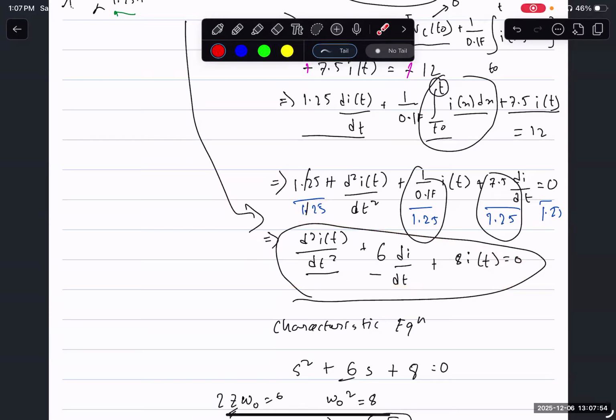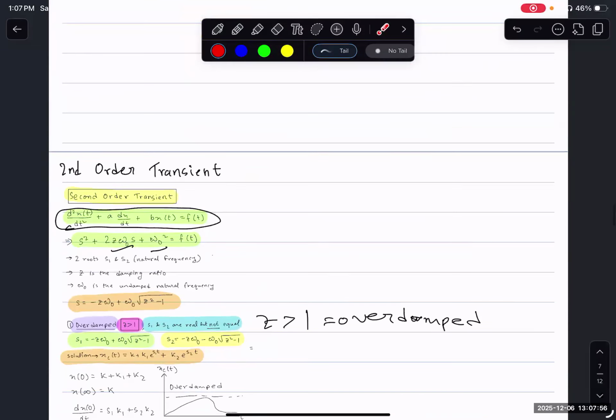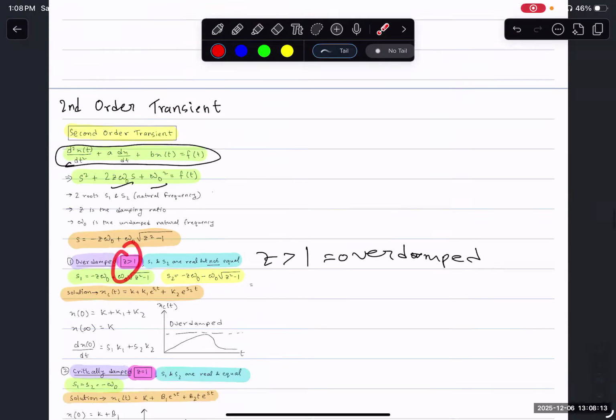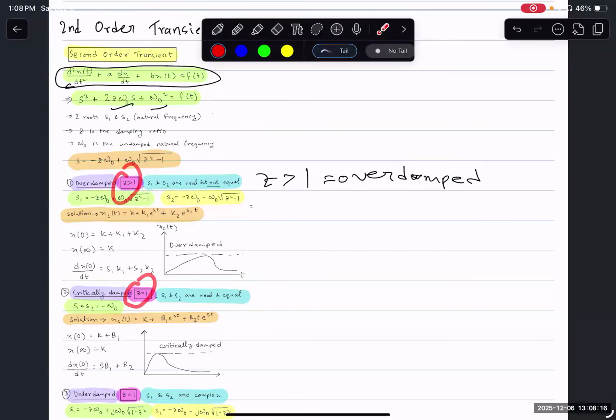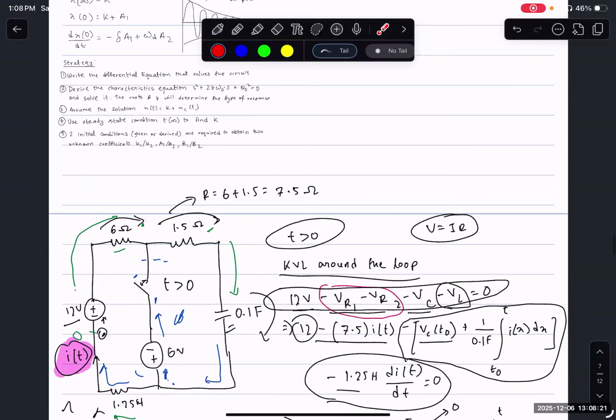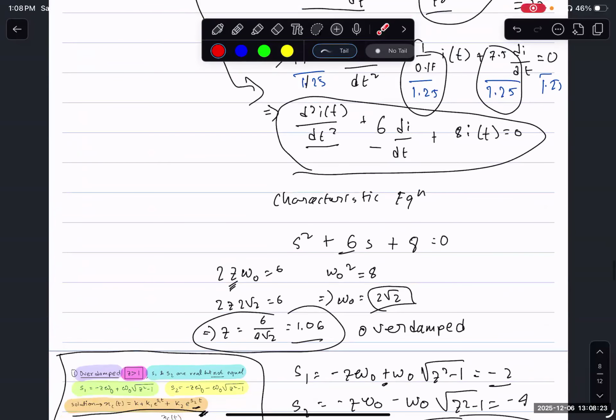Now that you have the simplified equation, what does it say? It's going to be in this form, right? And from here, you would be able to find out what sort of system this is. So whenever zeta is greater than 1, it's overdamped. Zeta equal to 1, critically damped, and underdamped for zeta less than 1. So it's in this form, and this is the omega squared.